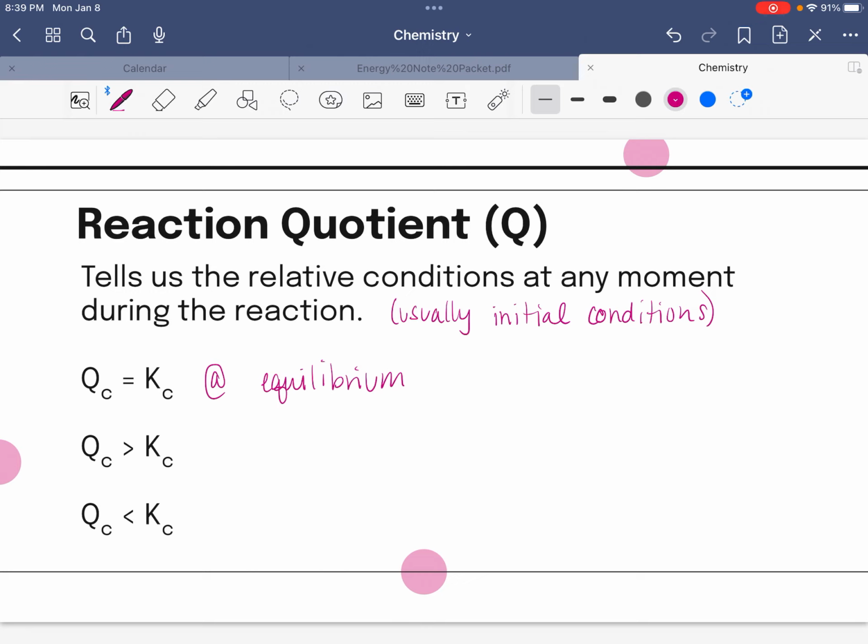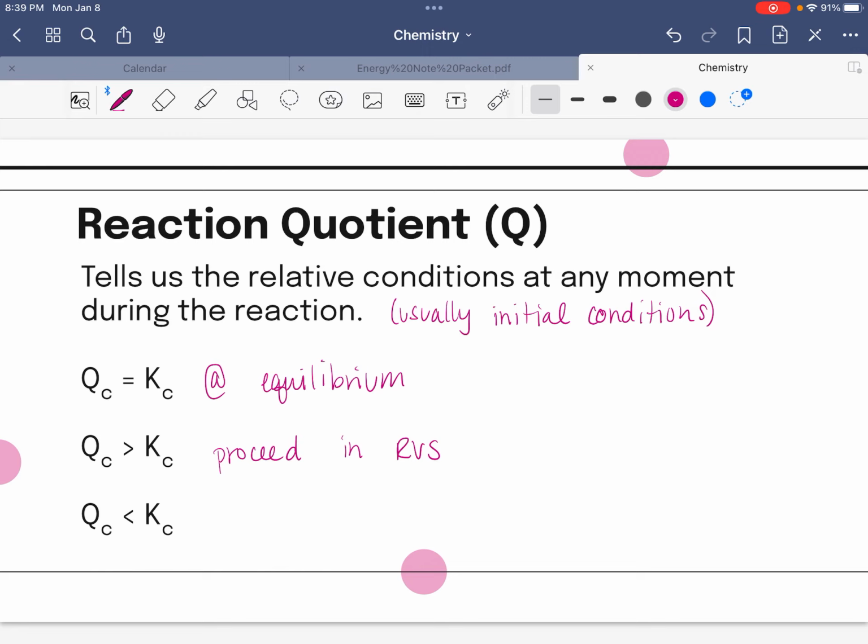If Q is greater, that means we've gone too far in the reaction. So we're going to need to proceed in the reverse direction in order to bring it back to equilibrium.